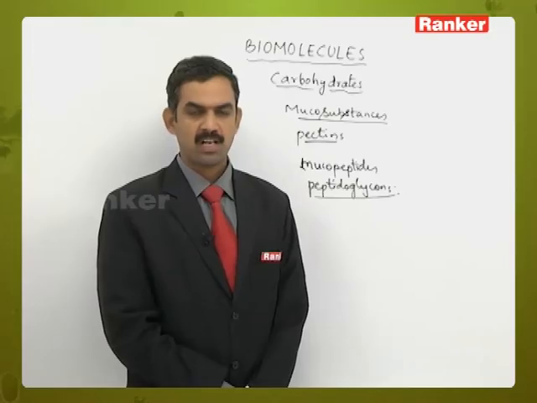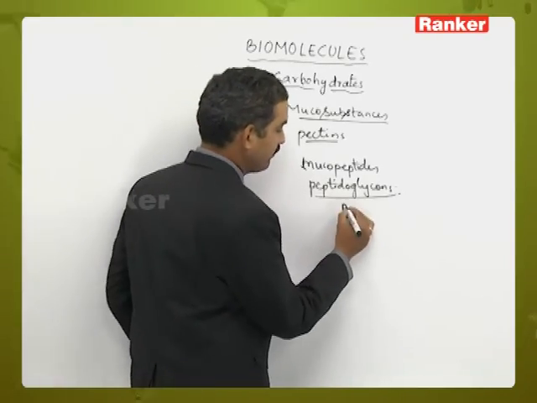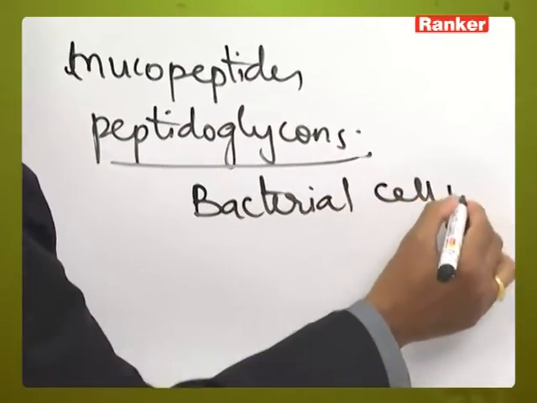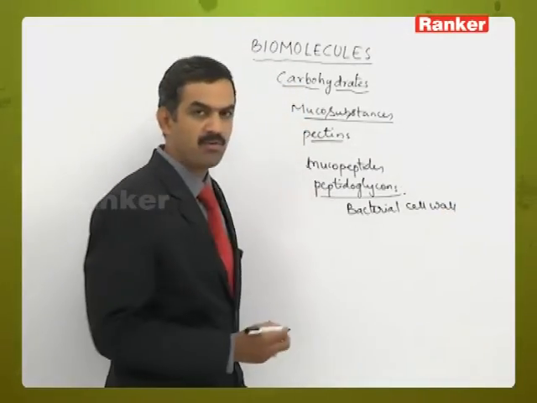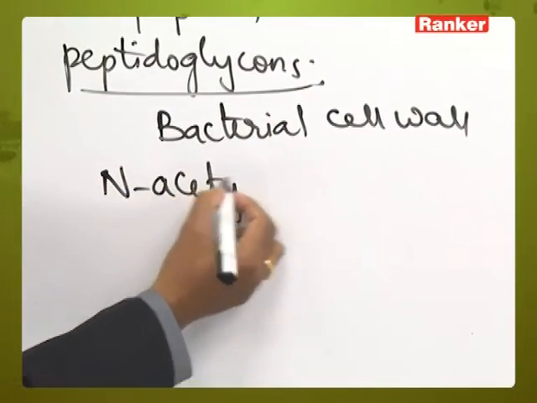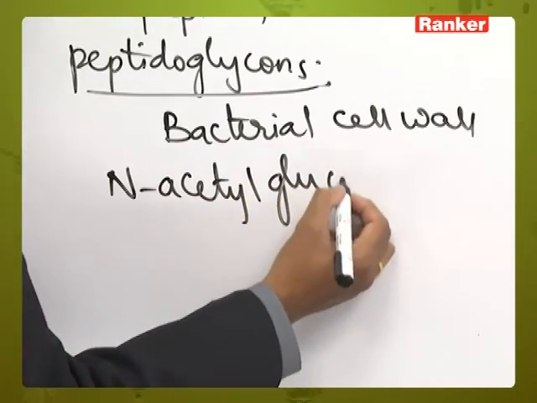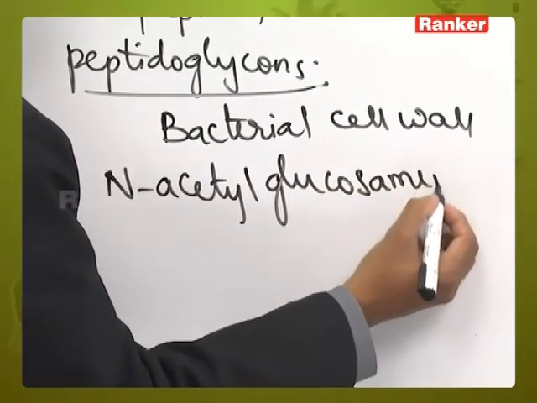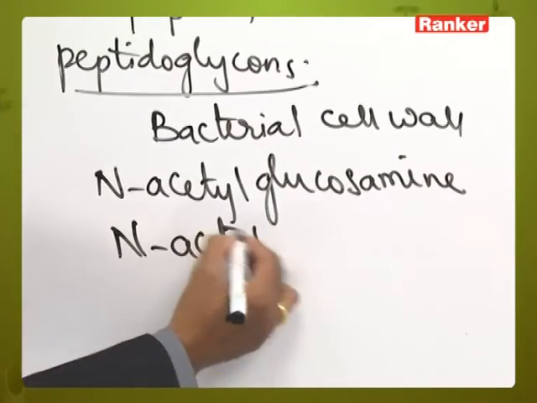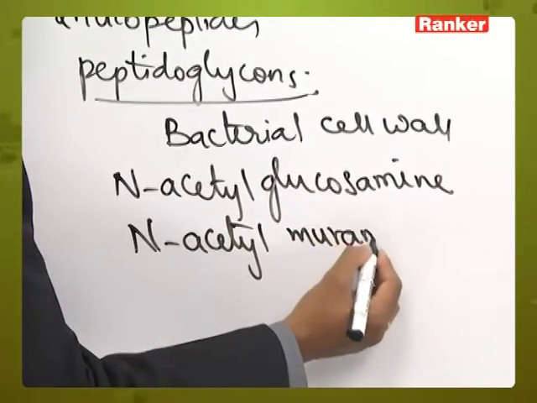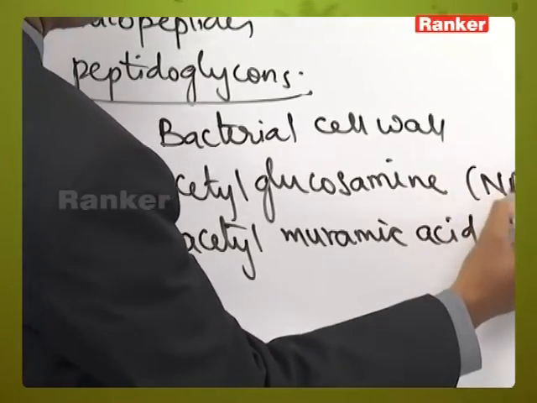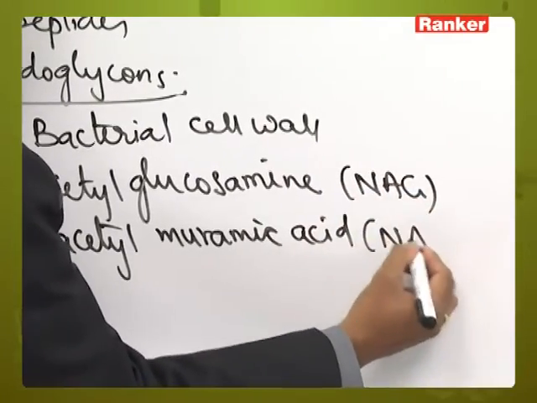And peptidoglycans. Peptidoglycans are structures which are present in the bacterial cell wall. These are made up of repeated units of N-acetyl glucosamine and N-acetyl muramic acid, which are generally called NAG and NAM.